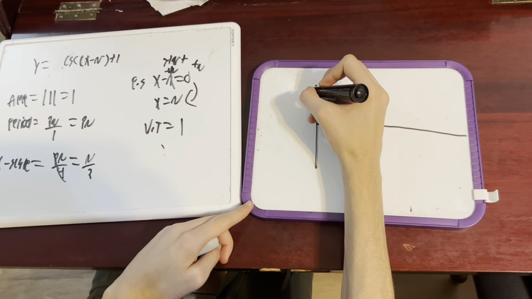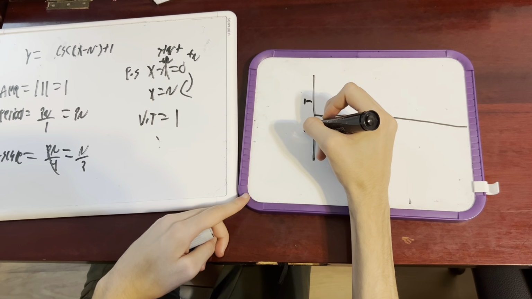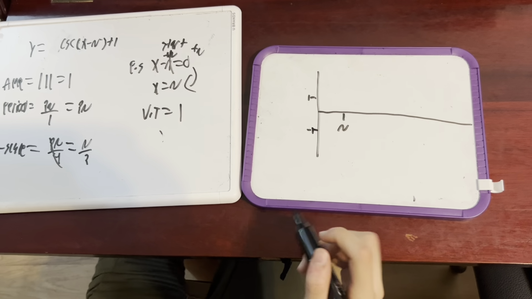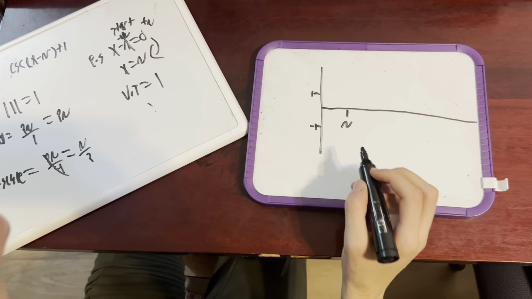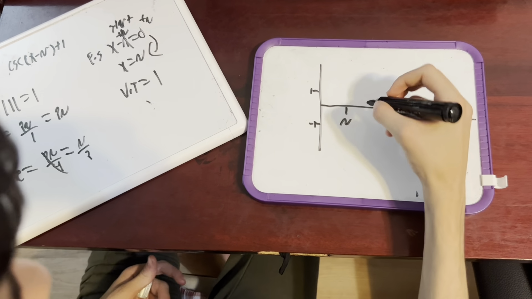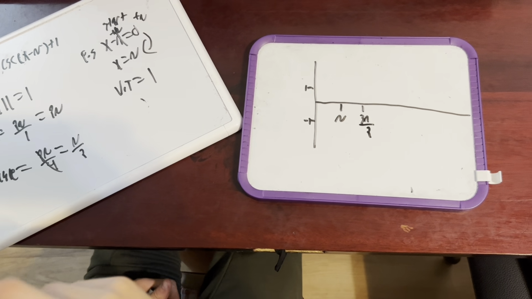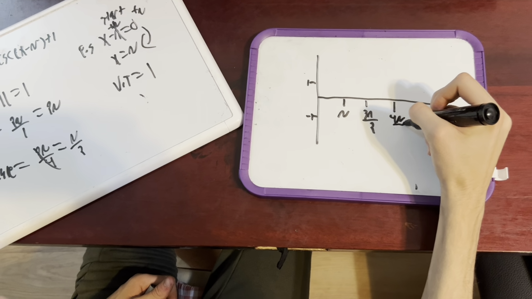We know our amplitude is 1, and it goes down to negative 1. And then our x scale is pi halves, so we know that pi plus pi halves would equal 3 pi halves. If we add another pi halves, you have 4 pi halves.